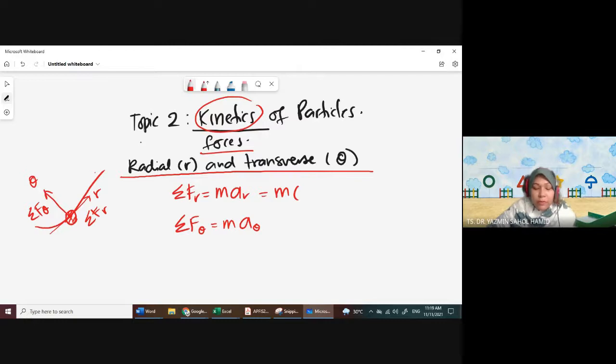The formula for a_r is r double dot minus r theta dot squared. Remember this?